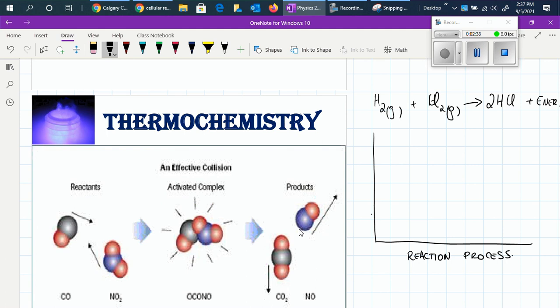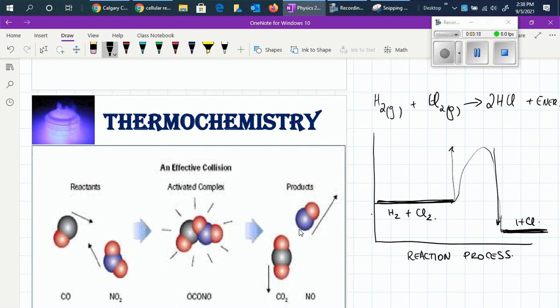They start somewhere here, and then they go up, and they come down here. Okay, so they go up and then they go down.